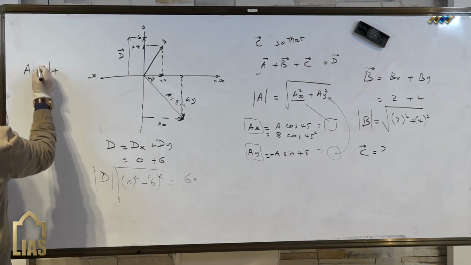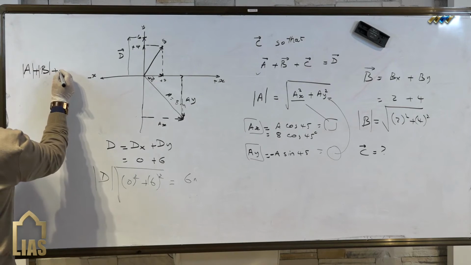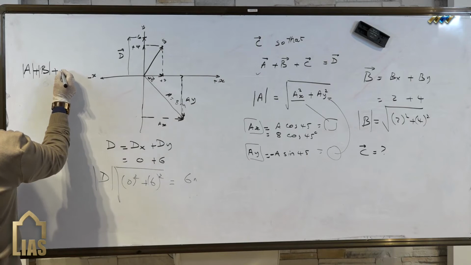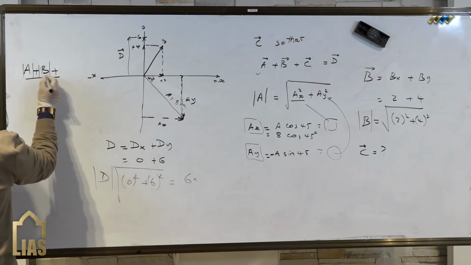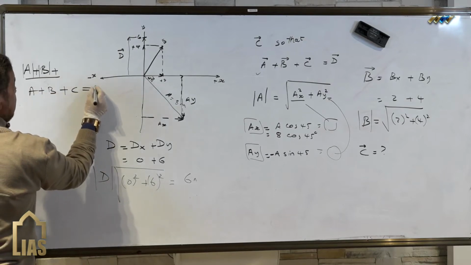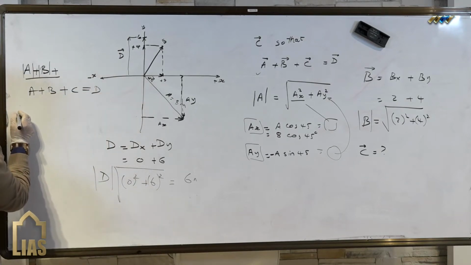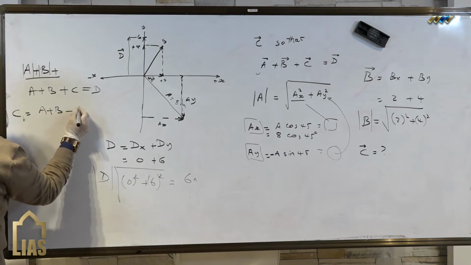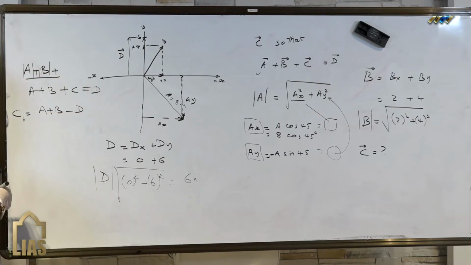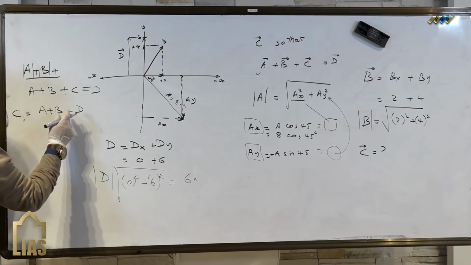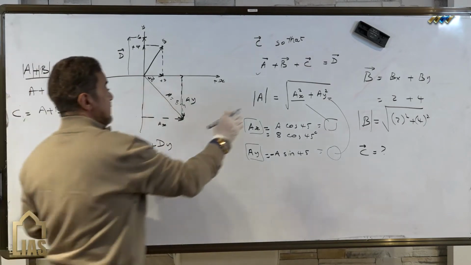Now we put the value of A plus value of B. The equation here is A plus B plus C is equal to D. Or C is equal to A plus B minus D. Okay? Sorry. C is equal to, I'm sorry.